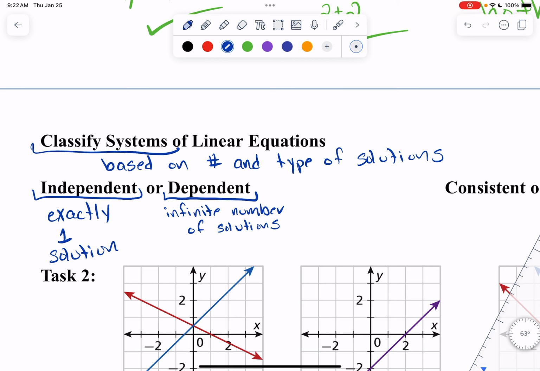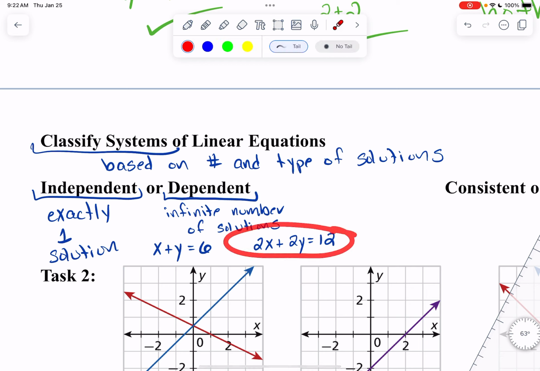For example, sometimes you'll have one like x plus y equals 6, and then another like 2x plus 2y equals 12. If I take the second equation and divide everything by 2, it gets me the first one.